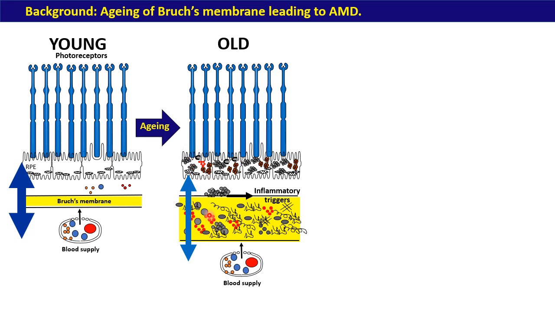Increased thickness of Bruch's membrane compromises the transport functions of the membrane, but sufficient capacity is present to maintain photoreceptors. In the elderly, the debris accumulation results in a resident low-grade inflammatory response. The thickness of the bidirectional arrows indicates the status of the transport systems.